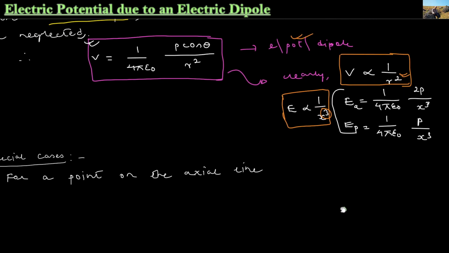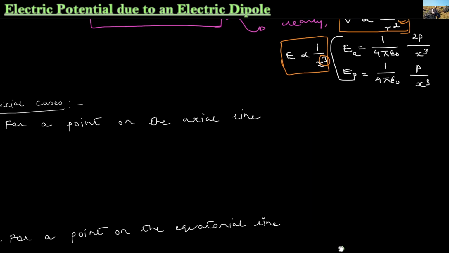So for a point on the axial line, if we draw the figure, it will be like this. We have minus q, plus q, and this is the center O of the dipole.